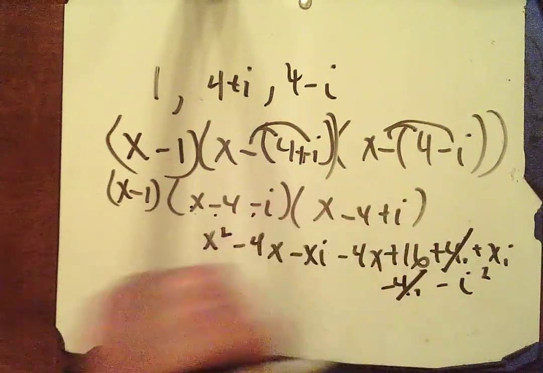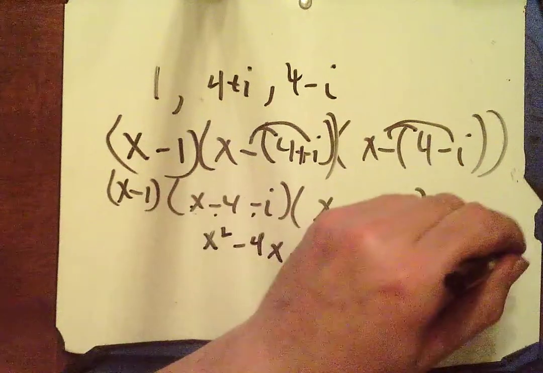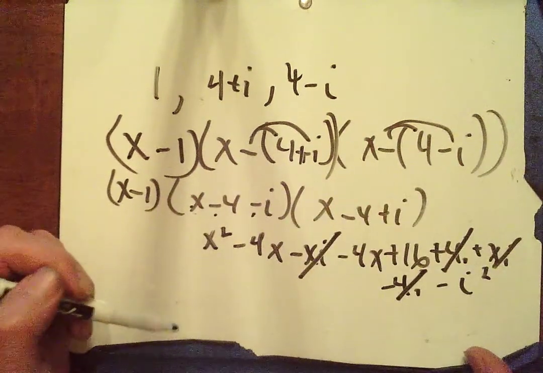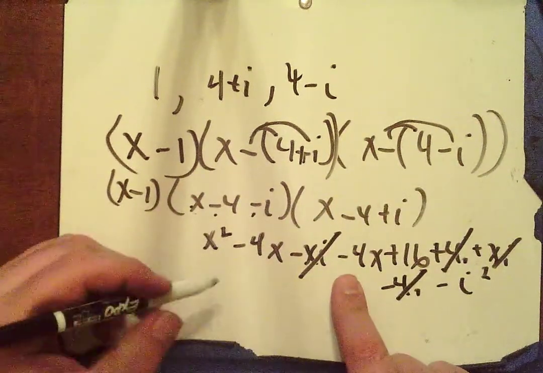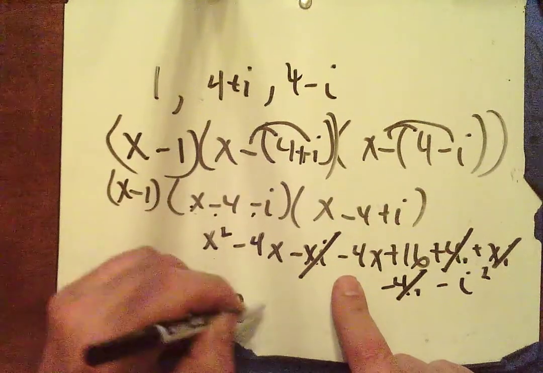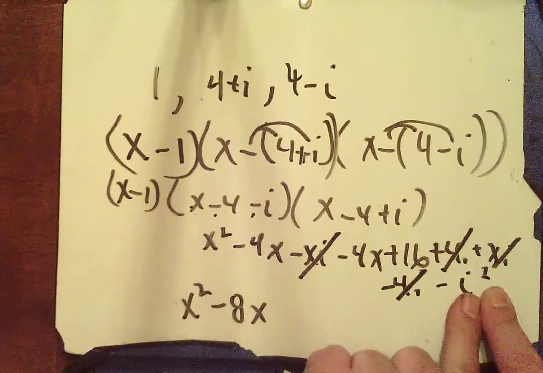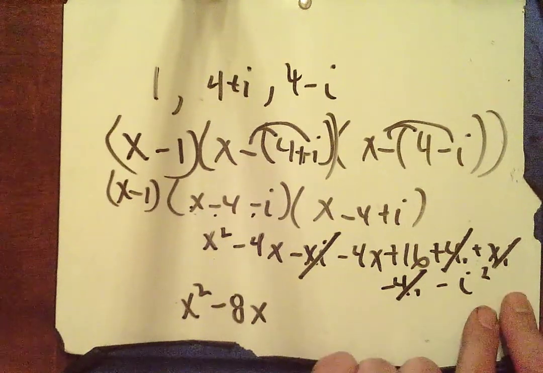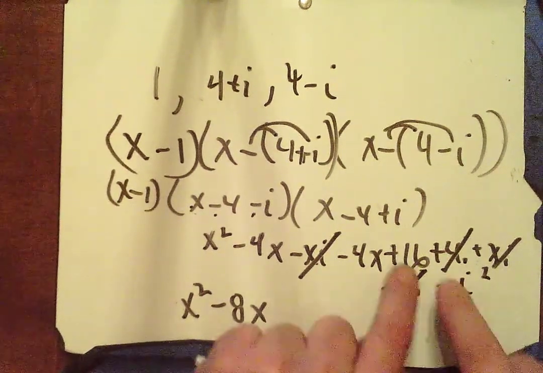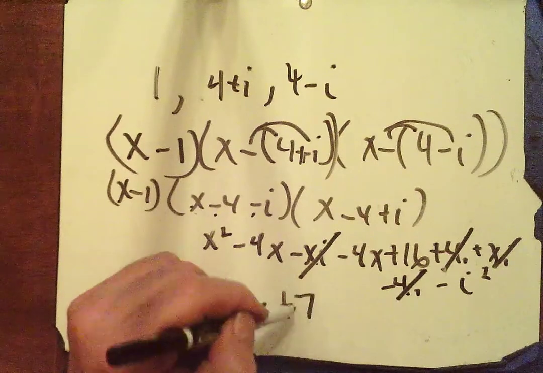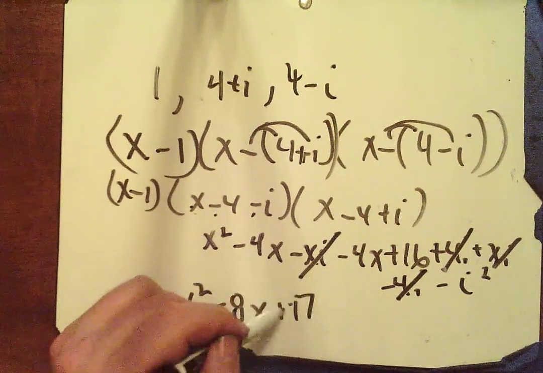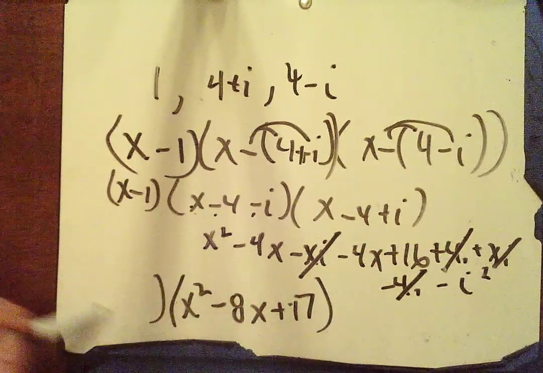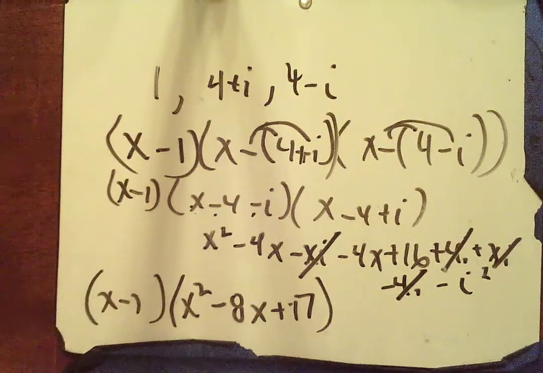Plus 4i minus 4i minus xi plus xi. Minus 4 minus 4 is going to give me x squared minus 8x. i squared is negative 1, but there's a negative in front of that, so negative 1 times negative is positive 1, plus 16 is 17. And that's what we want to FOIL with x minus 1.